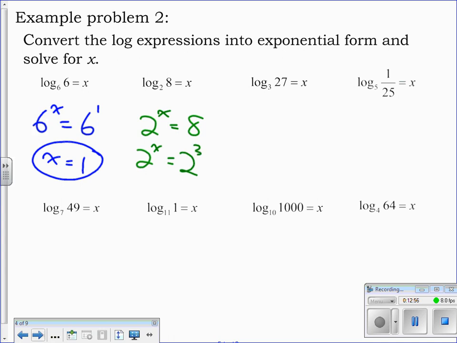If I can rewrite them so they have the same base, you will be able to do this on today's problems if it's necessary. There are other ones you can't. We'll deal with those at another time. Okay? But these ones we'll be able to get so they have the same base or something else, depending upon the individual problem. 8 is 2 cubed. So I have 2 to the x equals 8. That means 2 to the x equals 2 cubed, which means x equals 3.